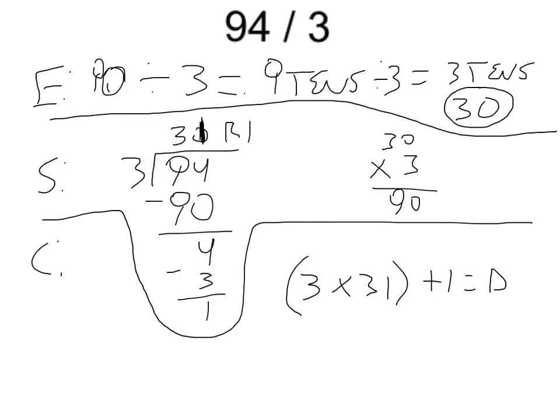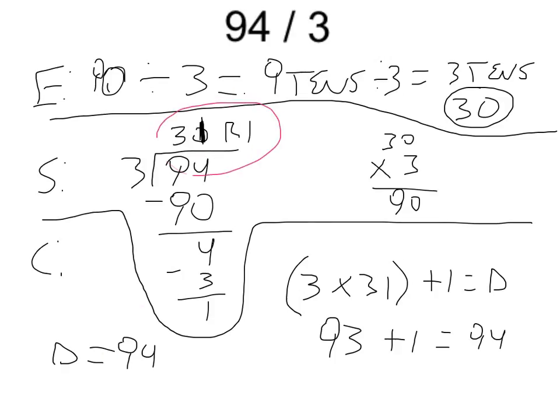So 3 times 31, see, 3 groups of 30 is 90, 3 groups of 1 is 3, so that's 93, plus 1 equals 94, so the dividend equals 94, and that is the same thing as our dividend up here. So we know that our answer of 31 with a remainder of 1 is the correct answer.